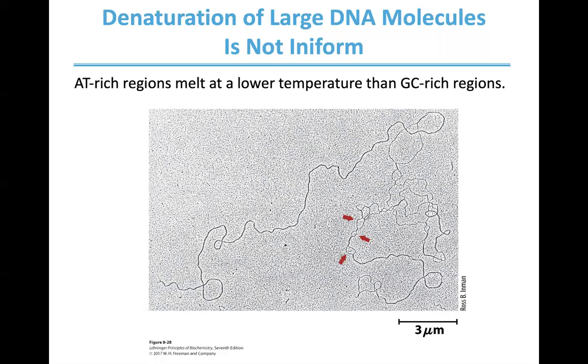So you kind of have these loops where the two DNA strands separate. And so it's been shown that these ones are AT rich, and these ones that do not come off each other are GC rich.